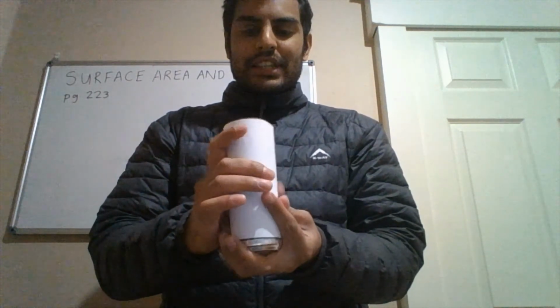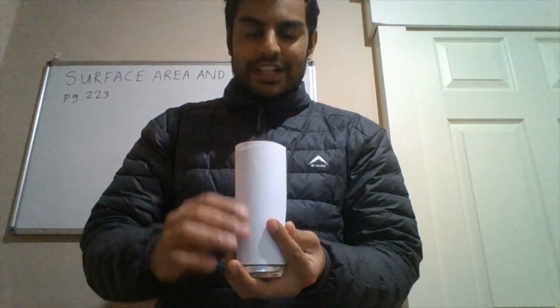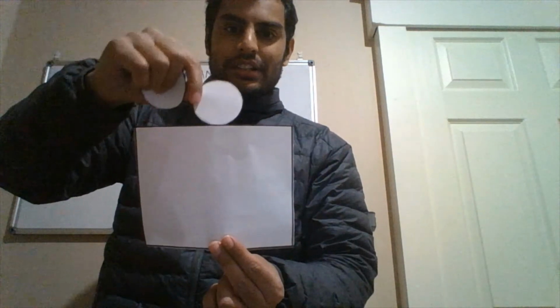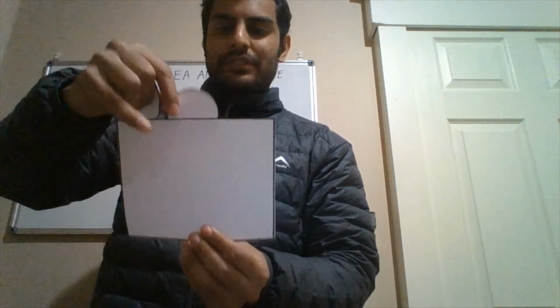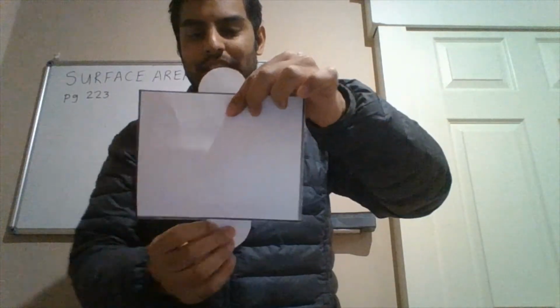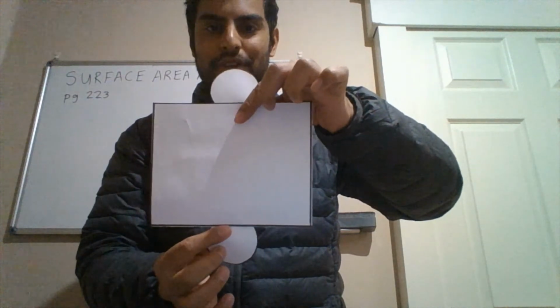If we take a rectangle and fold it, we'll see that it covers the entire side. So a cylinder is made up of 3 different shapes: a rectangle for the side, a circle at the top, and another circle at the bottom.